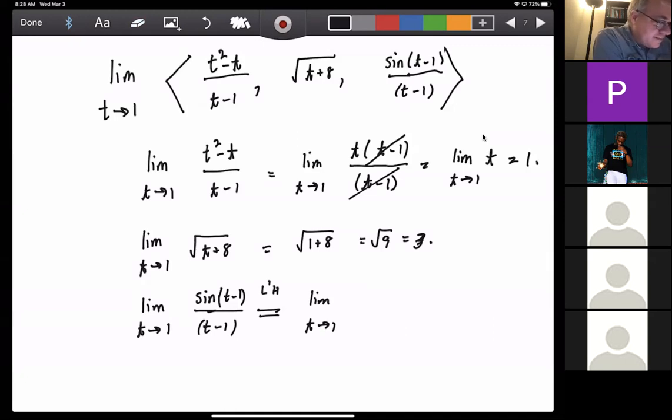So when we plug in t equals 1, we get sine of 0, which is 0/0. So we're forced to differentiate here.